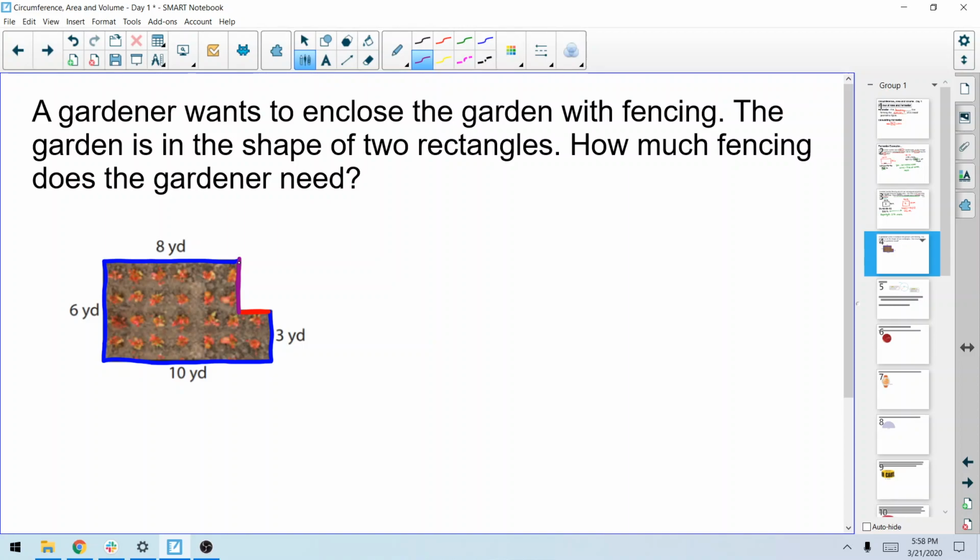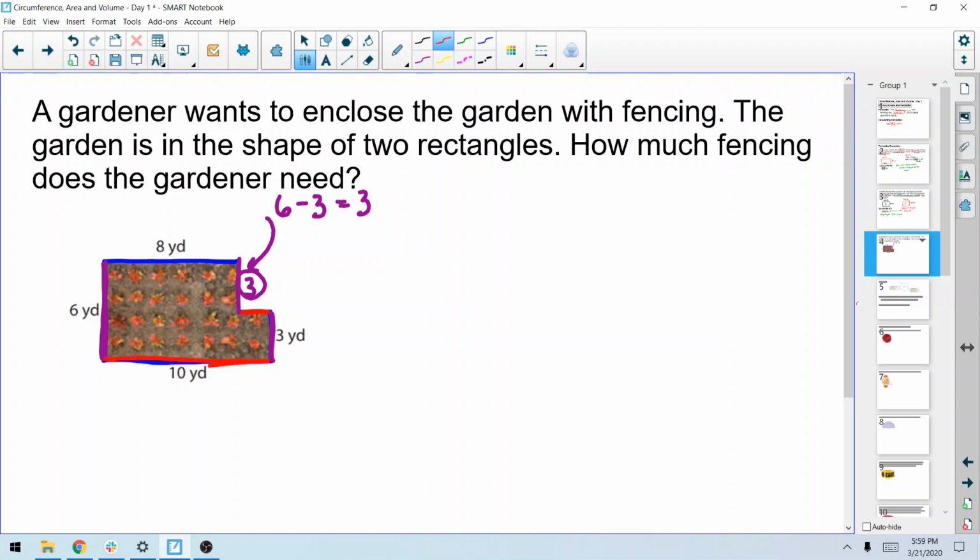I'm going to take a look at the vertical one. The entire vertical distance is 6 yards, and this vertical distance is 3 yards. If the whole thing is 6 and the bottom part is 3, then 6 minus 3 gives you 3 left over. So that piece is 3 yards. Same thing with the horizontal.